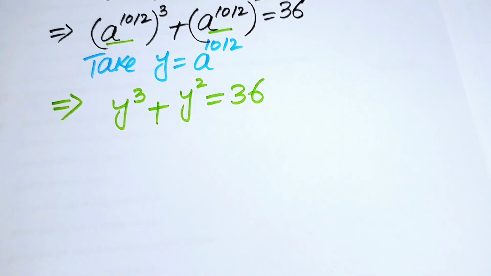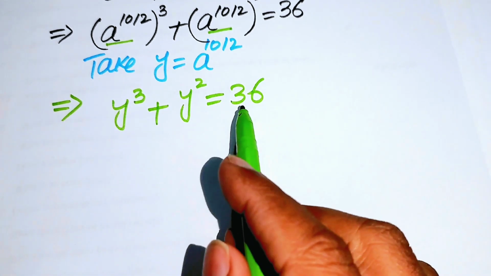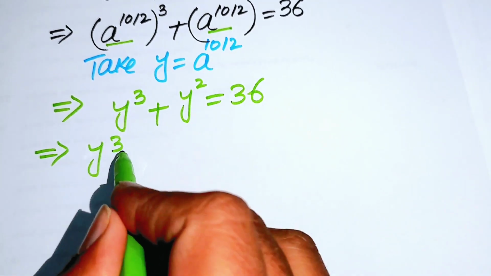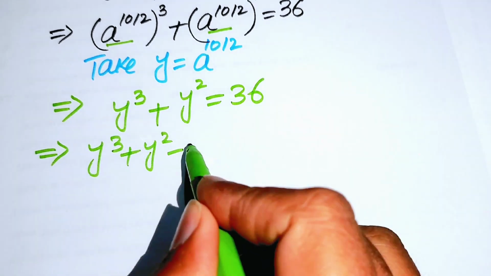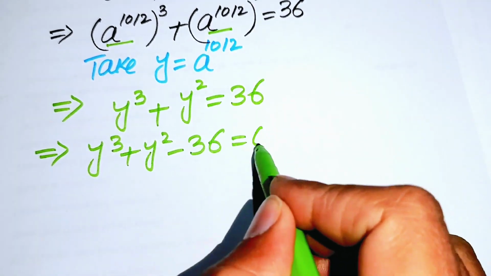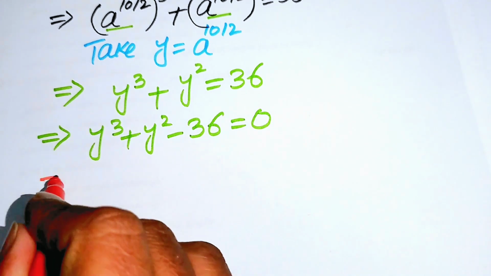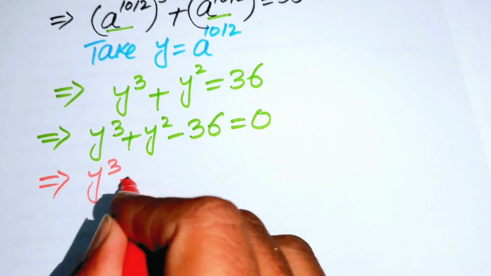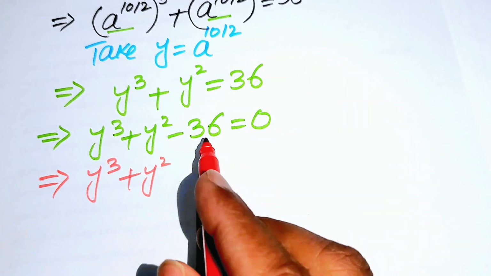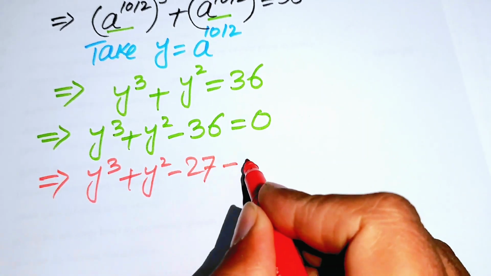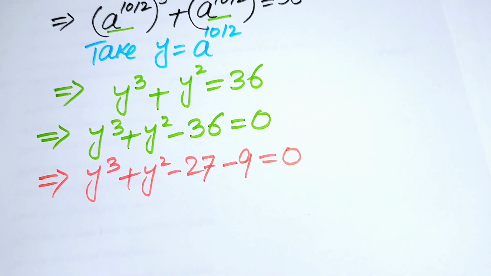So in the next step we solve this cubic equation, and first we move this 36 to the left hand side, and it will be written as y cubed plus y squared minus 36 equals 0. So here we rewrite this equation as y cubed plus y squared, and we break this 36 and write it as minus 27 minus 9, and this whole equals 0.